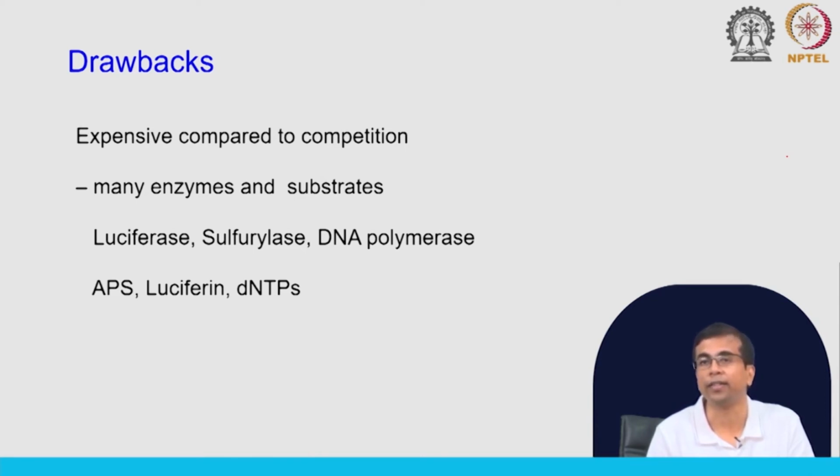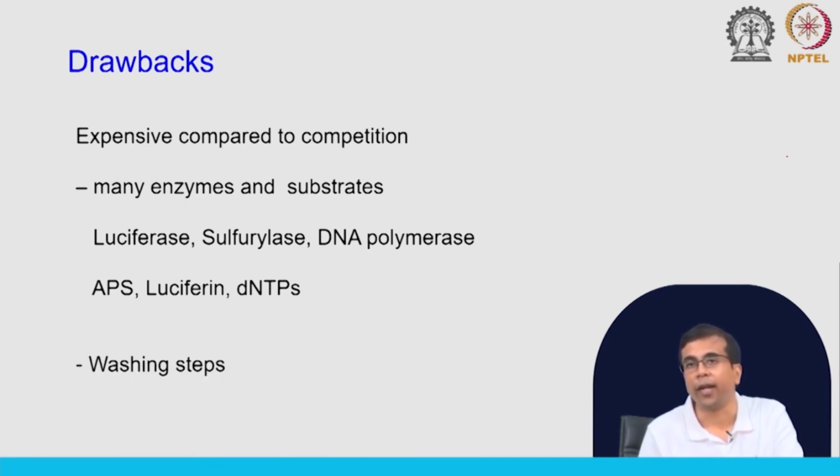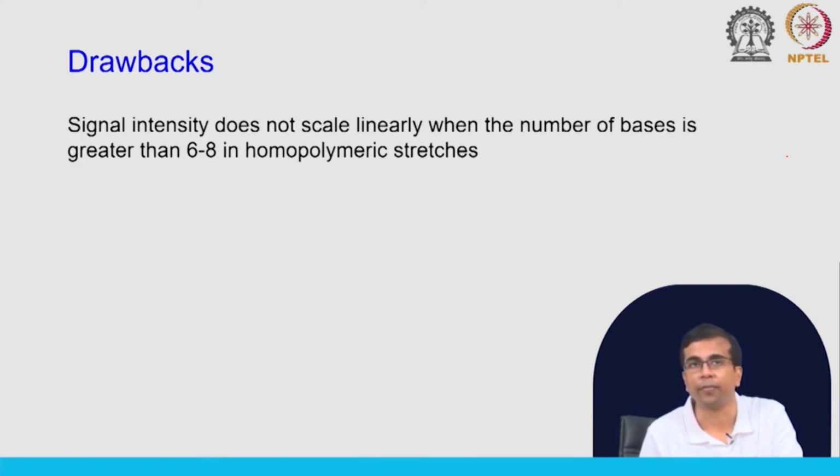All these reagents are quite costly, and on top of that, in every cycle of reaction we are washing away these enzymes and reagents. That means we need a lot more than is actually required if we did this process continuously, so we are losing a lot of these molecules. That made this process very expensive compared to the competition that we will talk about a bit later. And you had these washing steps as I just mentioned, so we utilized a lot of these molecules.